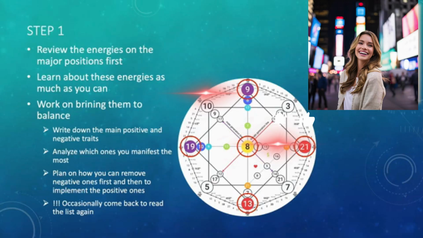The one in the center, we have the 8th energy here, so that's the energy of balance, the energy of justice, and understanding the law of karma. The person with 8th energy in the center is usually very responsible, kind of solid, and likes to be a master in something. They're really good at understanding processes and systems, and creating systems by themselves.